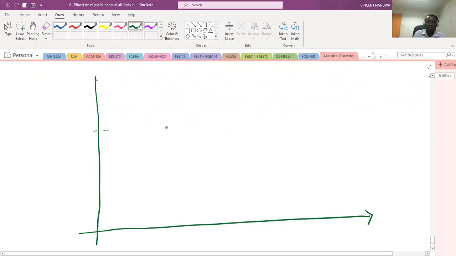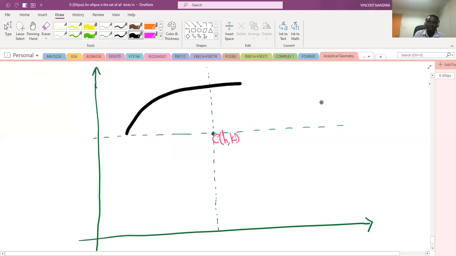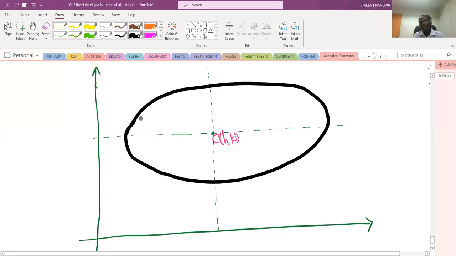Let this be the center that we are referring to as (h, k). So center (h, k). Let's draw the ellipse. So let this be the ellipse.